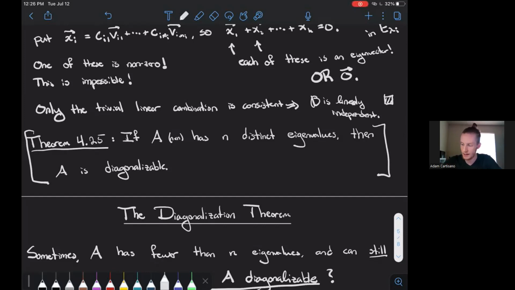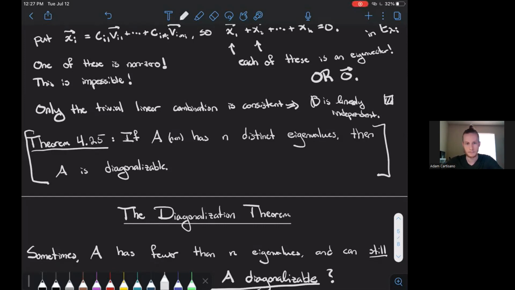Which means that each one has a basis of a single vector. All of those vectors union together make a linearly independent set of n vectors, and thus A is diagonalizable. So if you ever find yourself in a situation where you have an n by n matrix that has n distinct eigenvalues, then you automatically have a diagonalizable matrix.